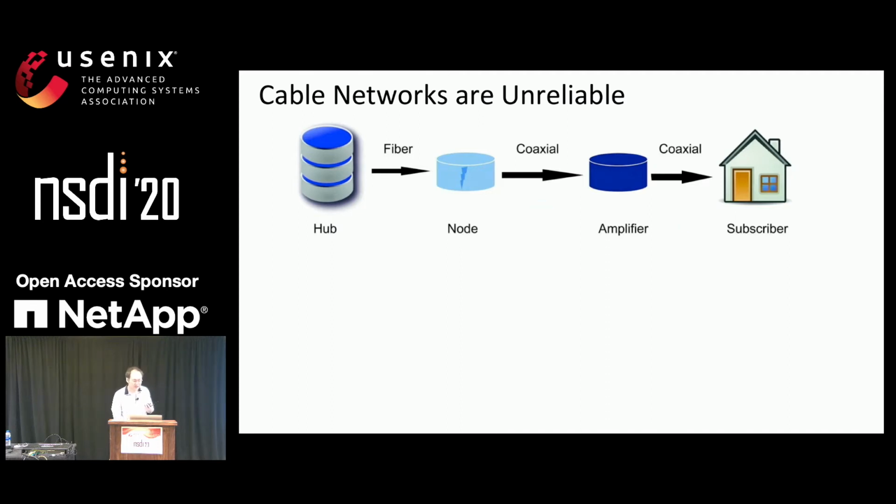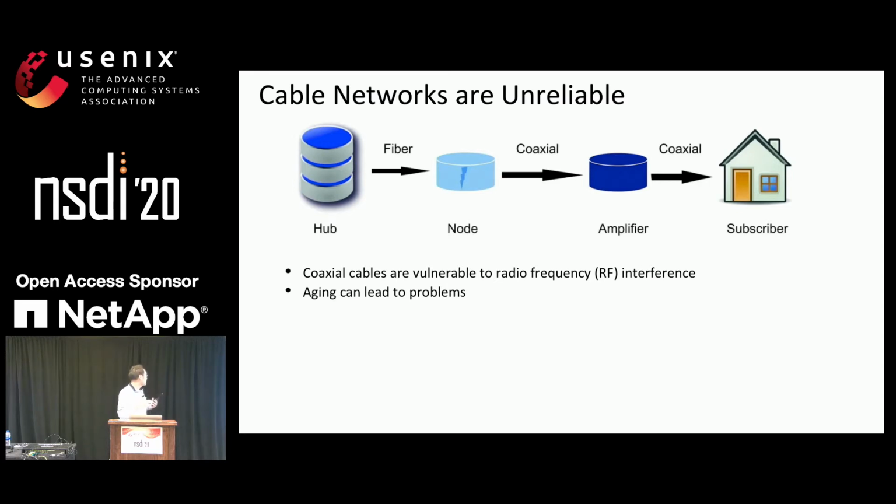Unlike fiber optics, coaxial cables are more vulnerable to radio frequency interference. Also, many parts of the coaxial cables are already decades old. Aging can lead to problems such as cable shielding erosion, loose connectors, broken amplifiers, and so on.